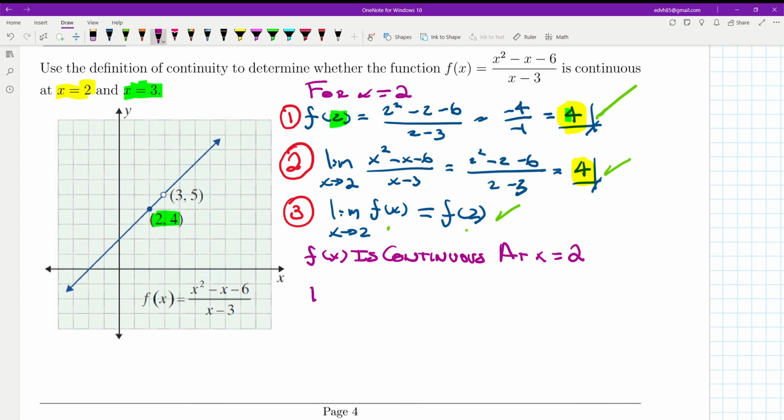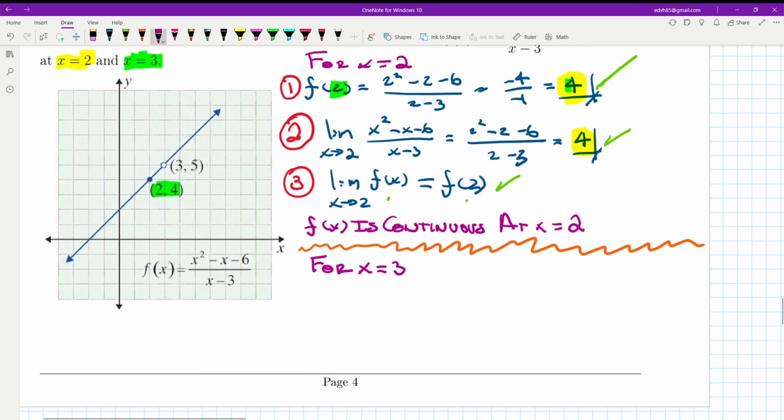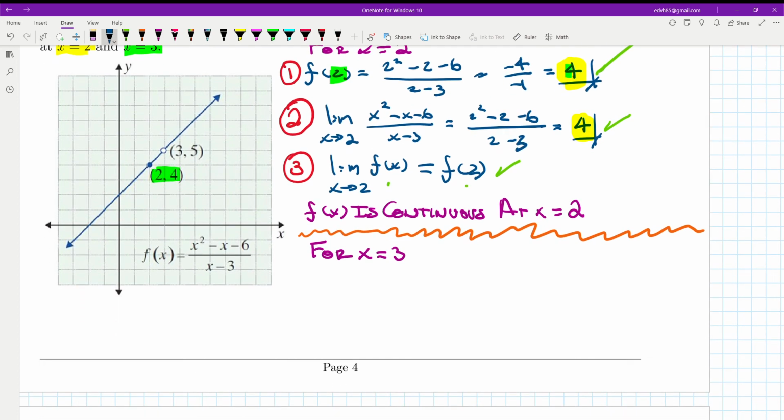So for x equals 3, the number one condition, not even the limit, is just to evaluate the function at 3.